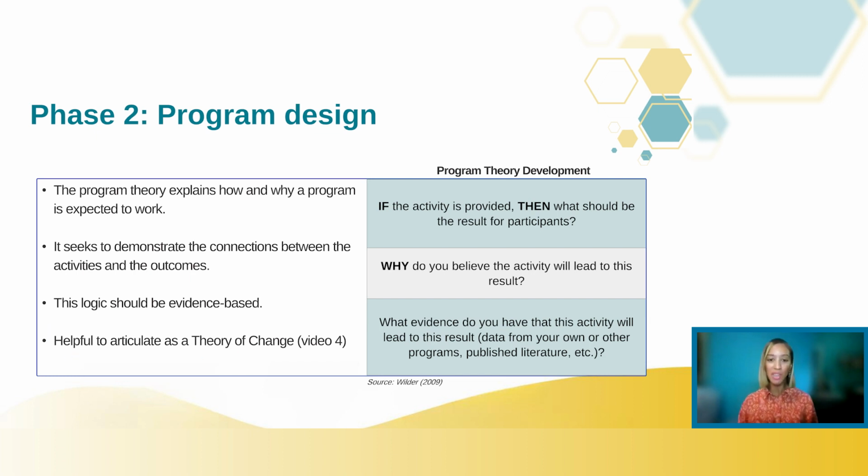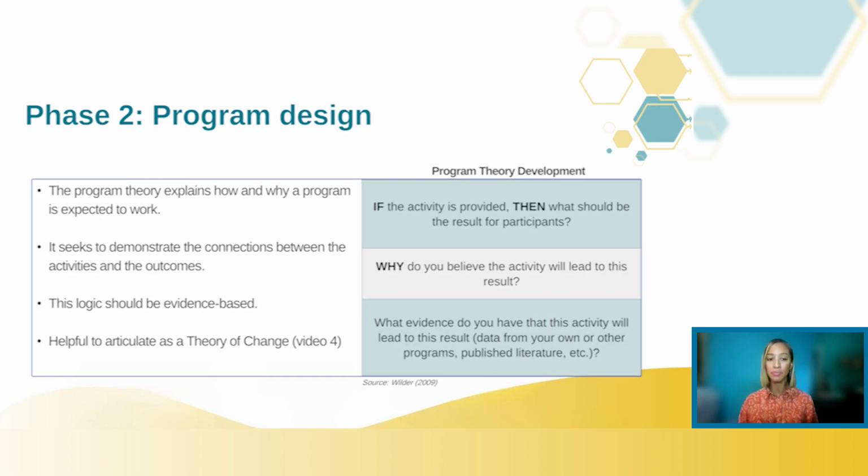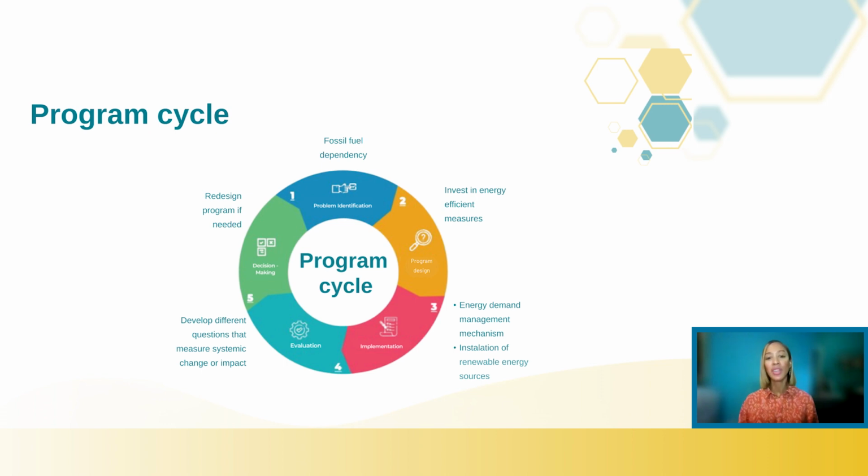In this sense, as mentioned in the previous video, it is important to use evidence. In our Colombian example, if the problem identified was the lack of access to electricity from renewable sources, one potentially important source of evidence is the lessons learned from external experiences. Other countries may have already developed projects to deal with this kind of issue, such as energy generation systems.